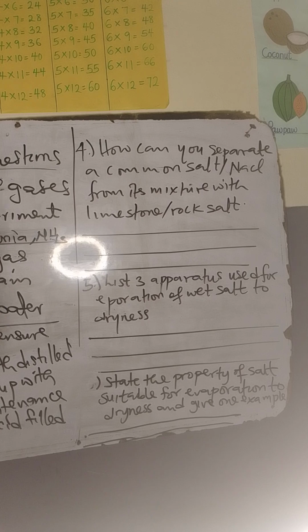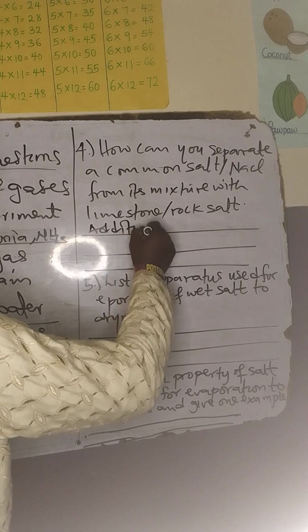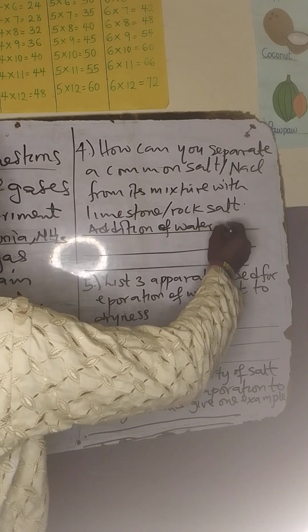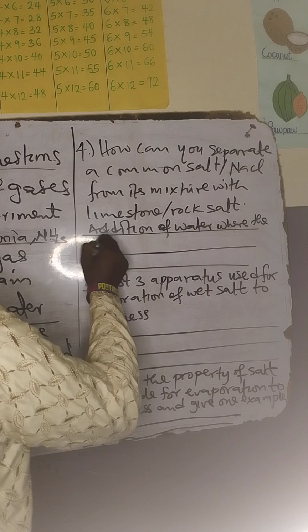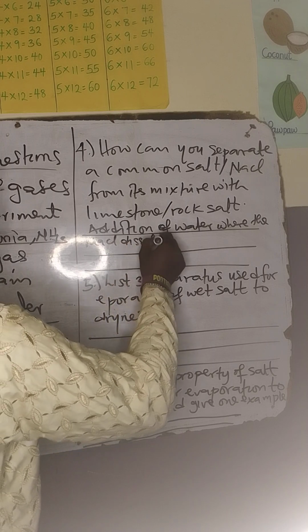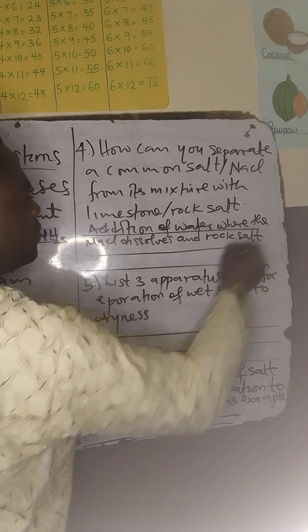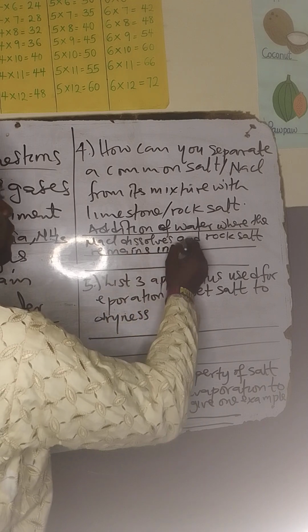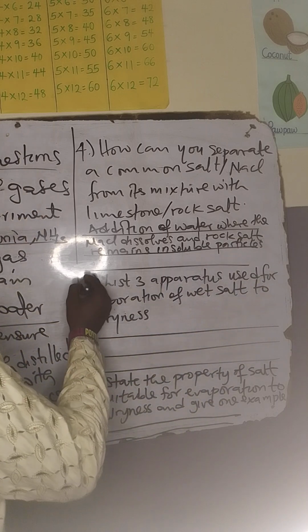So if you want to separate a soluble and insoluble, what you need to do is to add water first. When you add water, the NaCl dissolves and the rock salt remains as insoluble particles. So next thing is to do what?